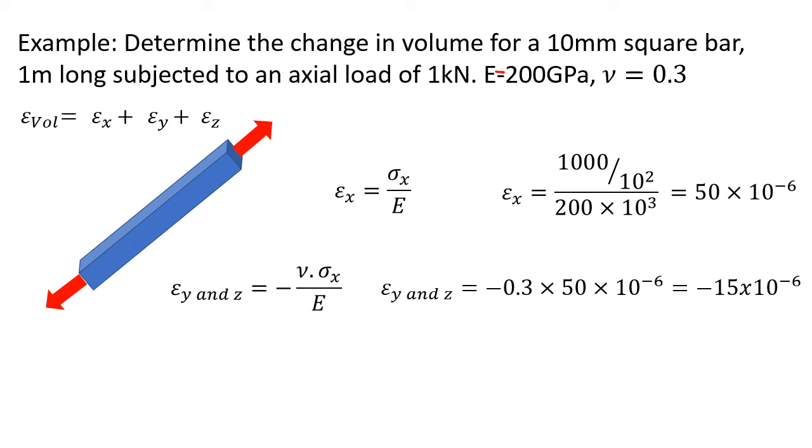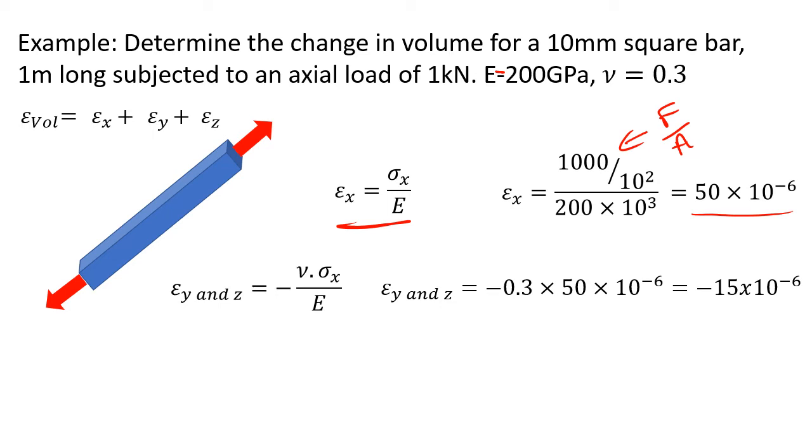So as we had in the previous example, we can work out what the strain is in the x direction. So our strain is stress over the Young's modulus, and here we have our stress, which is force over area. And if we put those values in, we can work out what the strain is in the x direction.